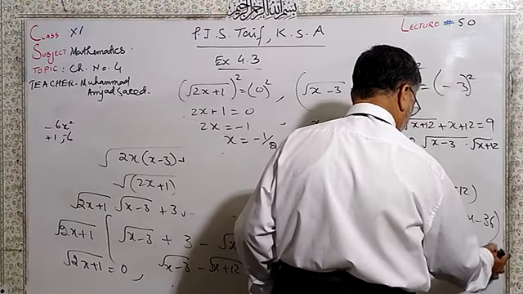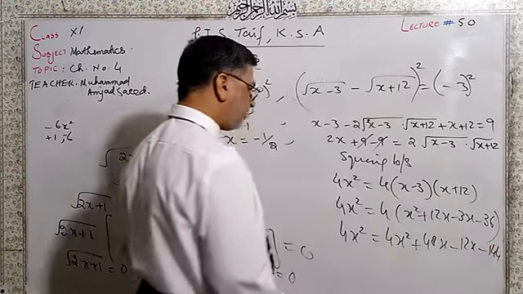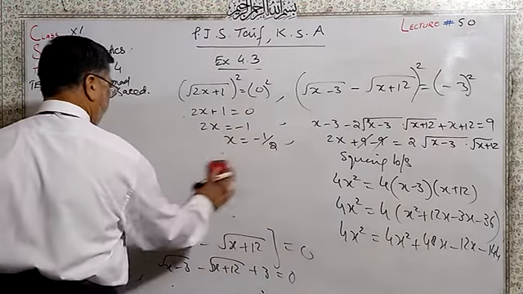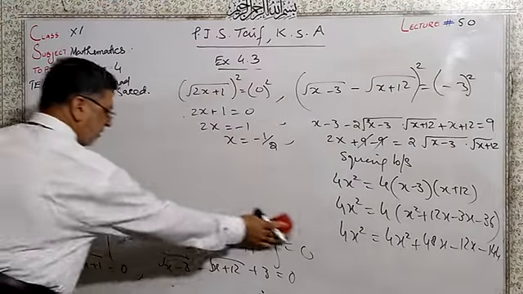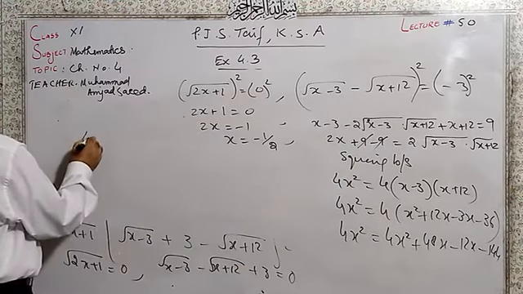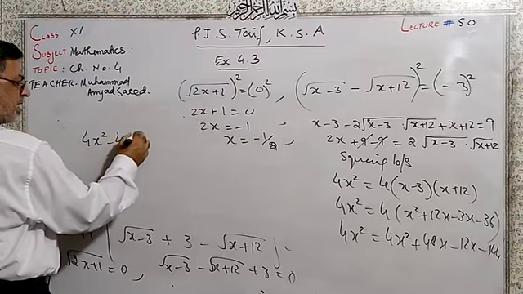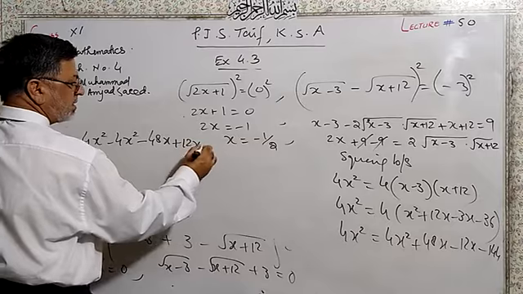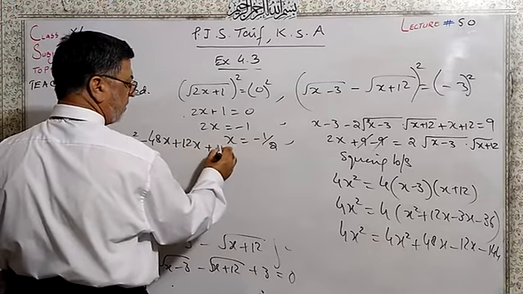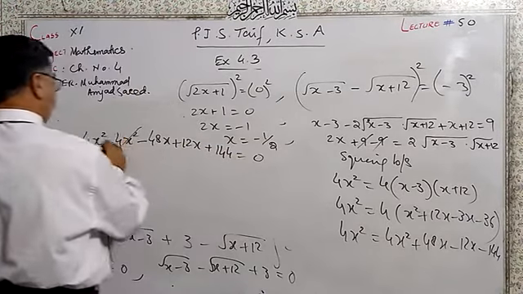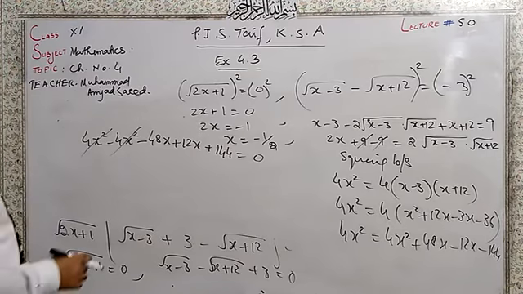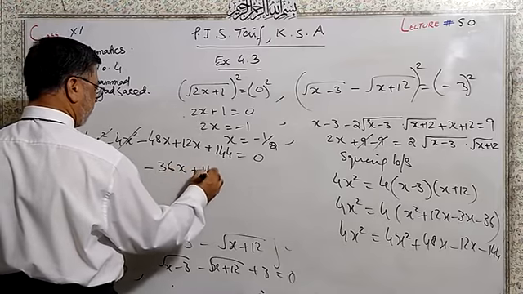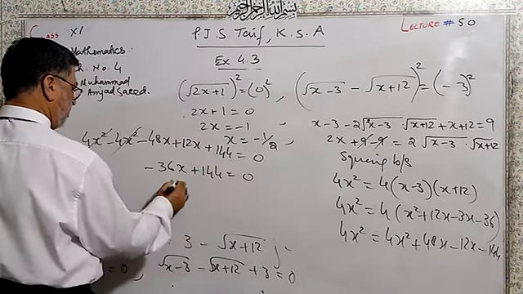That will be 144. Here we will have 4x square minus 4x square minus 48x plus 12x plus 144 is equal to 0. They are cancelled out and we are left with minus 36x plus 144 is equal to 0.